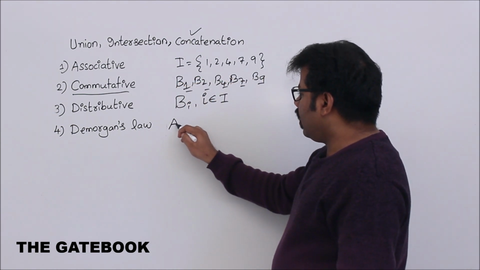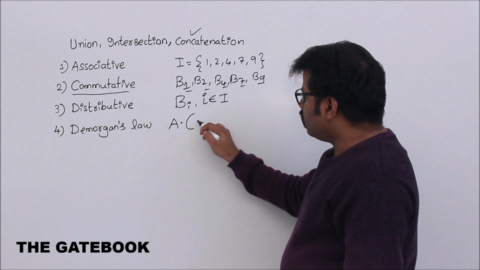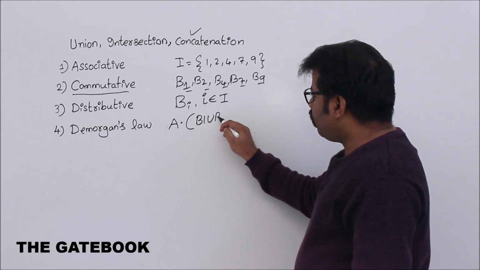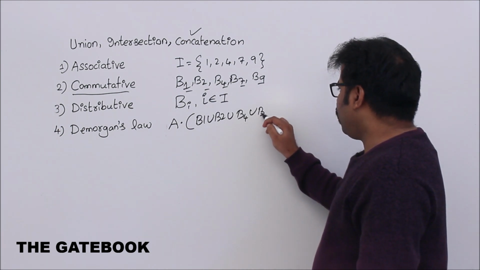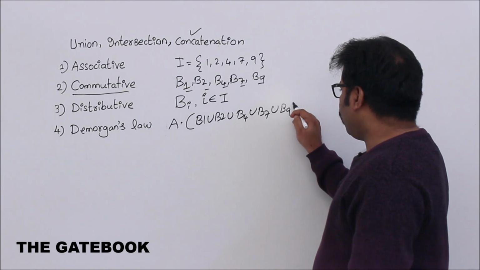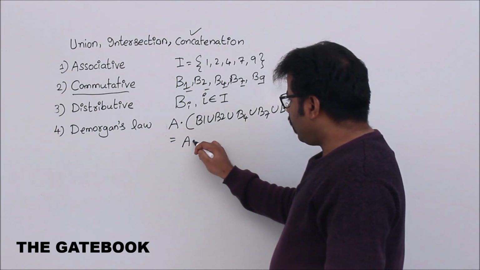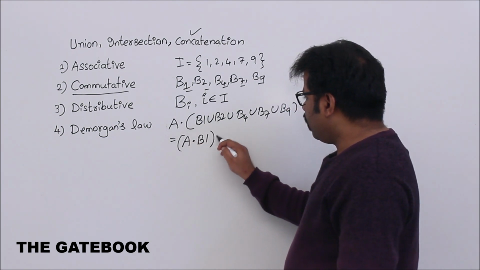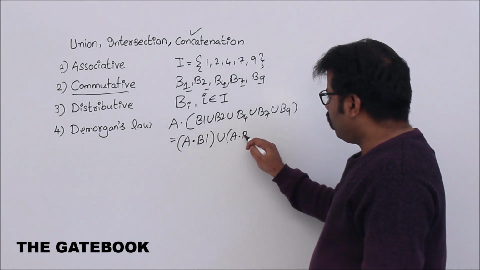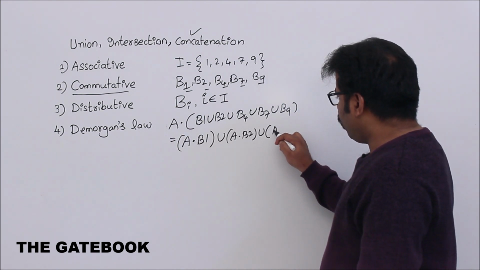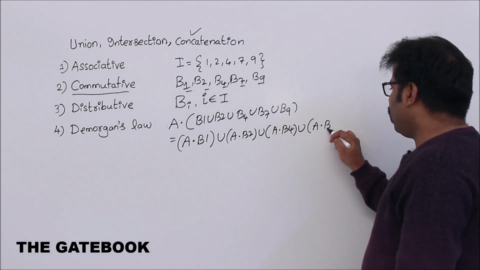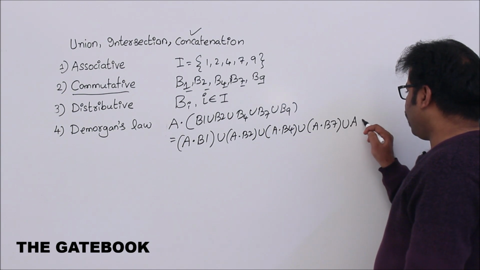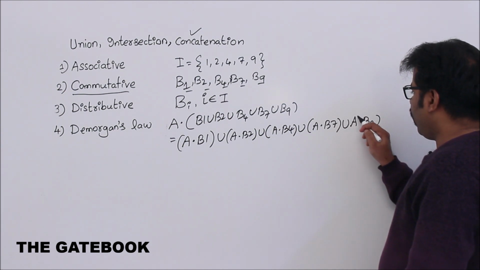Now the question is A dot (B1 union B2 union B4 union B7 union B9) is equal to A dot B1 union A dot B2 union A dot B4 union A dot B7 union A dot B9. Fine.